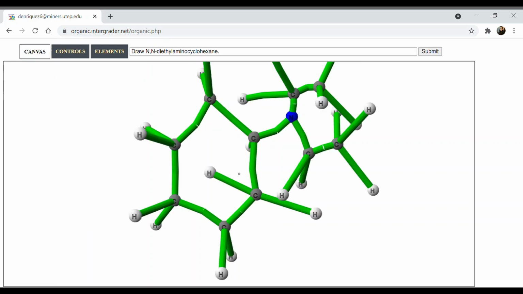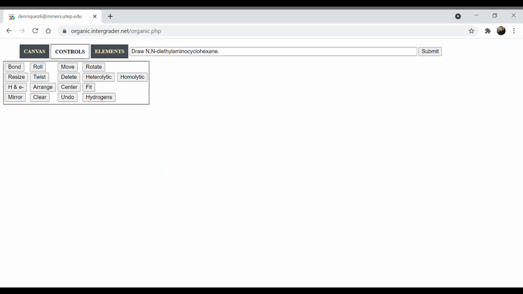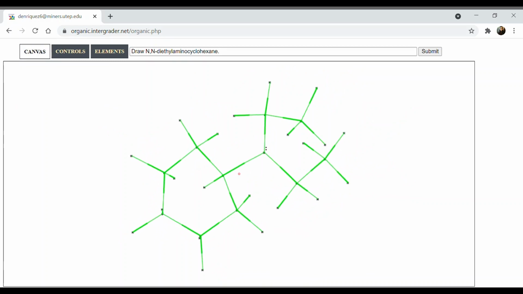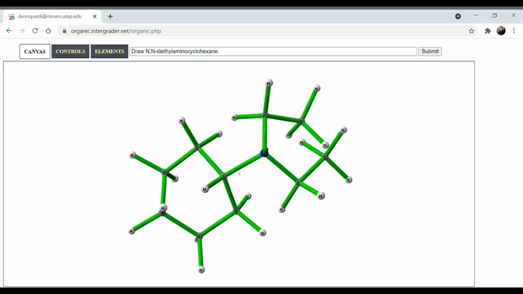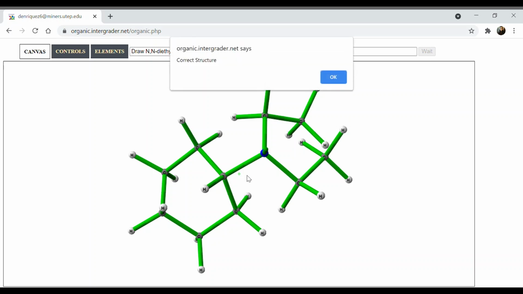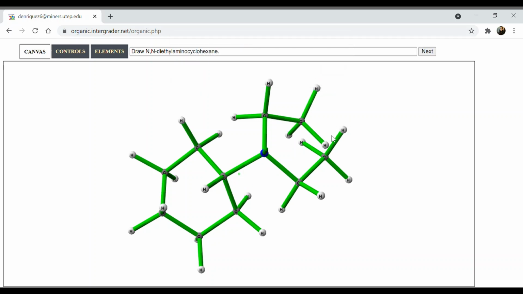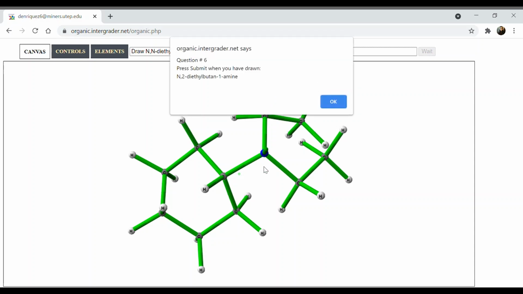Now we're going to add our hydrogens. Okay, and that should be all we need to do. After you add your hydrogens, there's no need to manipulate any more hydrogens, unless you're asked to draw ammonium, then you have to draw an extra hydrogen on that nitrogen.